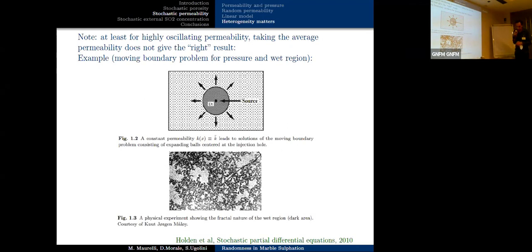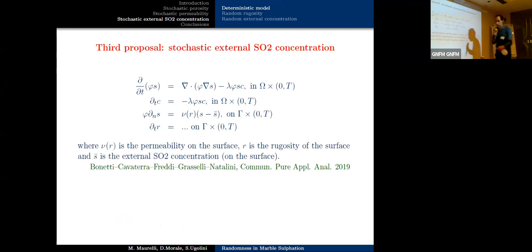Okay, let me now finally go to the last proposal, the third and last proposal about stochasticity, which is not really about heterogeneity inside the material, but rather about external conditions, and specifically about external sulfur dioxide concentration. So again, I have to expand the model. This was recalled by Roberto Natalini's talk.